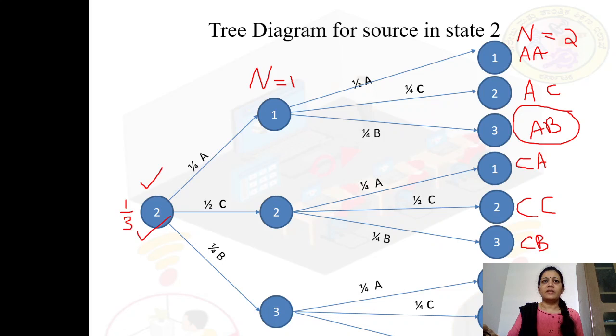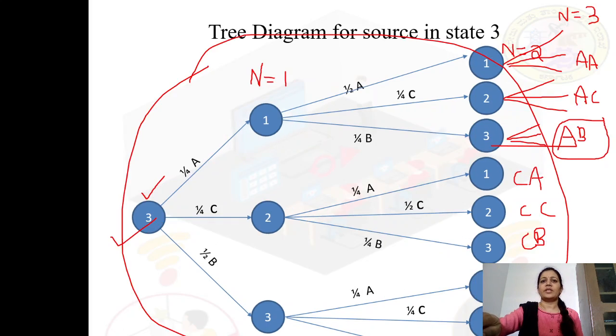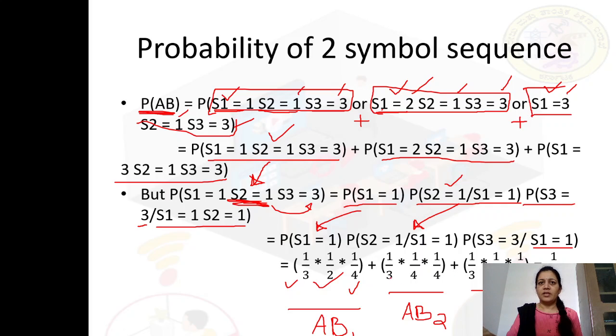So it is 1 by 3 and then follow this link. 1 by 3 state probability multiplied with 1 by 4, and this is again multiplied with 1 by 4, because these are the probabilities along this path. So it is 1 by 3 into 1 by 4 into 1 by 4. You can see here 1 by 3 into 1 by 4 into 1 by 4.